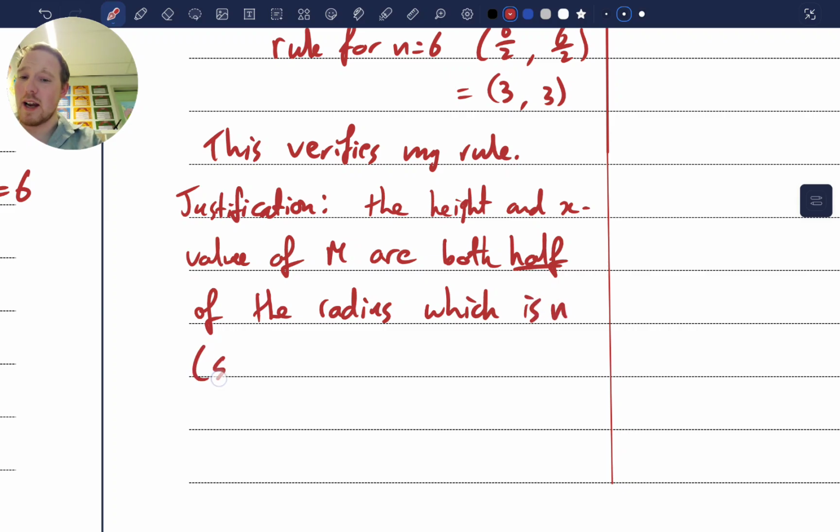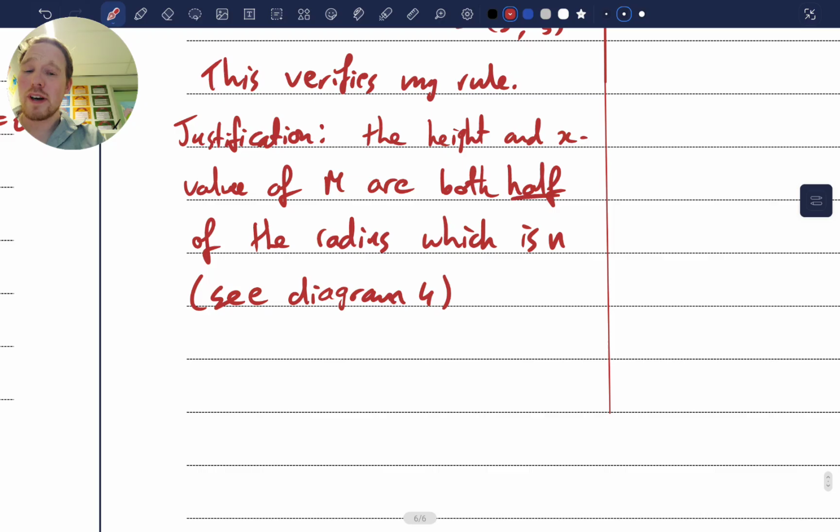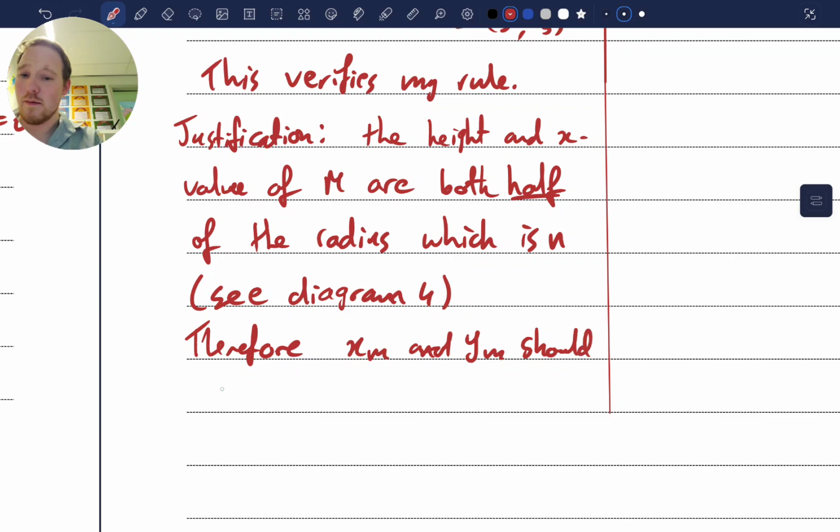I could even say now, because I drew it in the sketch, I can say see diagram 4, because there I made some notes on diagram 4, so I can refer back to it. And therefore I can say, therefore x of m and y of m should both be n divided by 2.